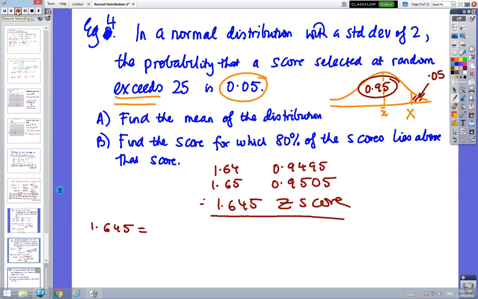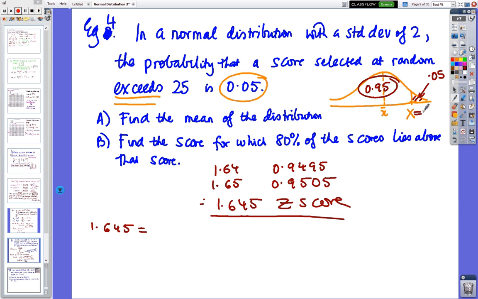I forgot to put in the diagram that score is actually 25. Okay, so the score is 25. So I've got 1.645 equals the score minus the average, which I don't know, divided by a standard deviation, which is 2. And then it's just double the number, 1.645 times 2.